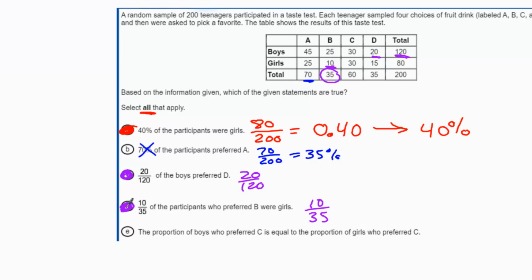And the last one says the proportion of boys who preferred C is equal to the proportion of girls who preferred C. The boys with C, I have 30 out of 120 boys. Is that the same as the girls, which were 30 out of 80 total girls? Is that the same proportion? No. No, definitely not.